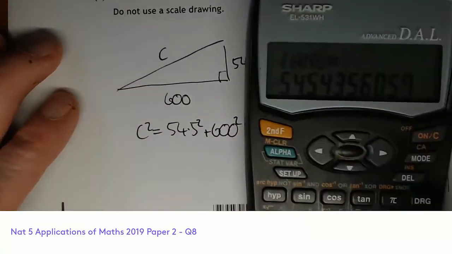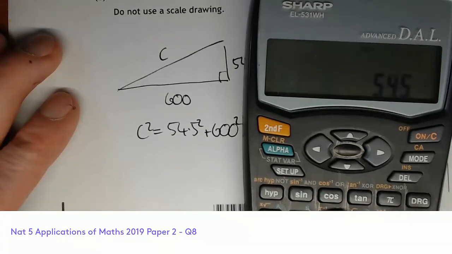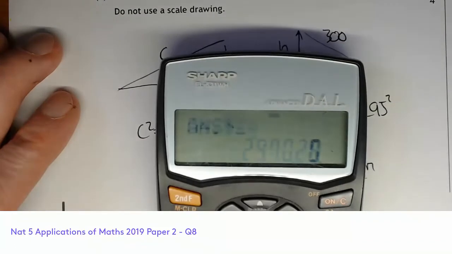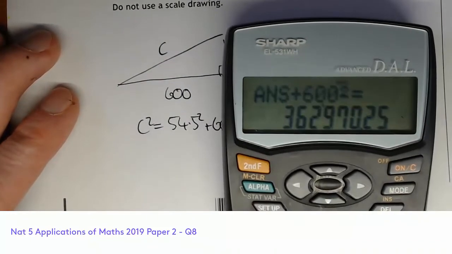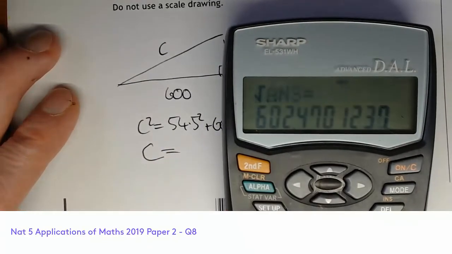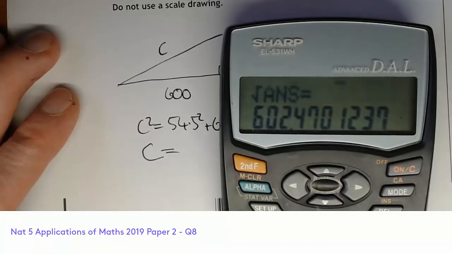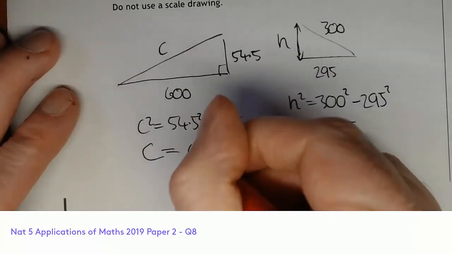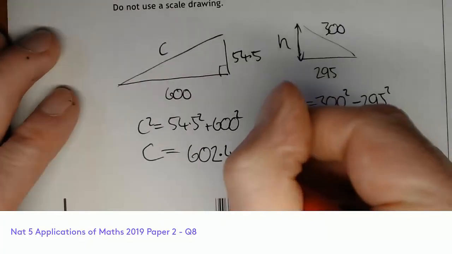So let's get 54.5 squared plus 600 squared. C is going to be the square root of all that, so I'm going to take the square root, and that's 602.4 metres.